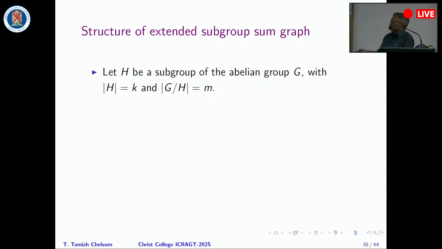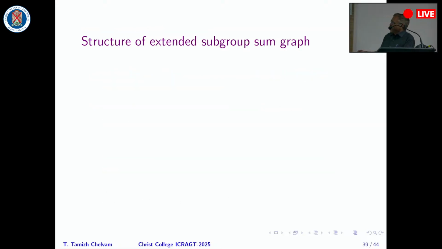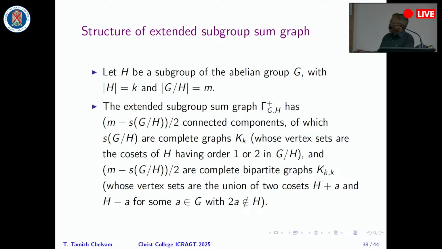So you take all cosets. Let the order of the subgroup be K and the order of the quotient group be M. There are M cosets of H in G, and according to the order of the cosets of G by H in the quotient group, the entire structure is defined this way.